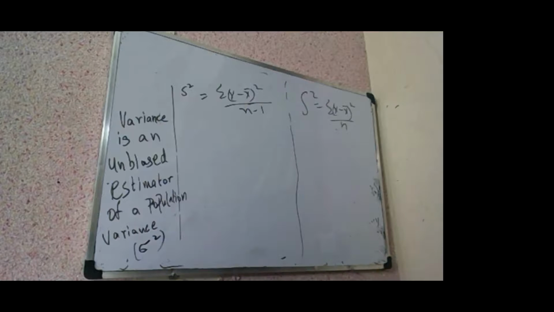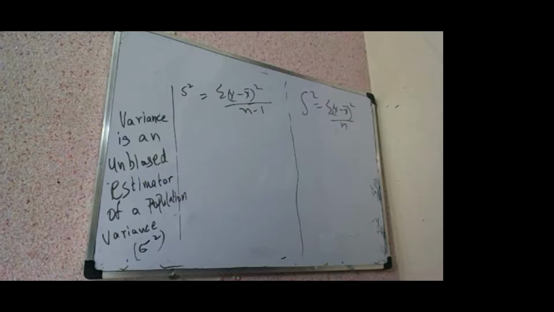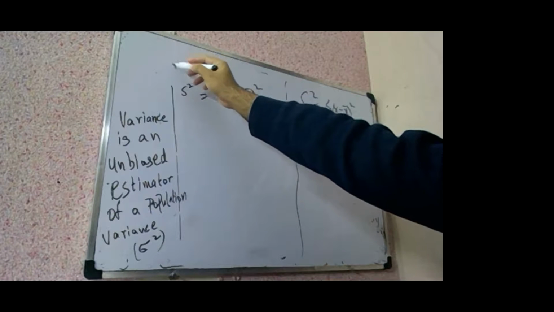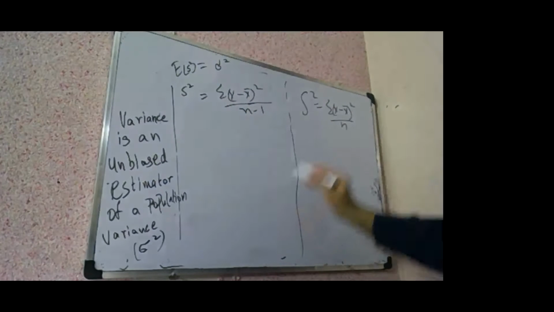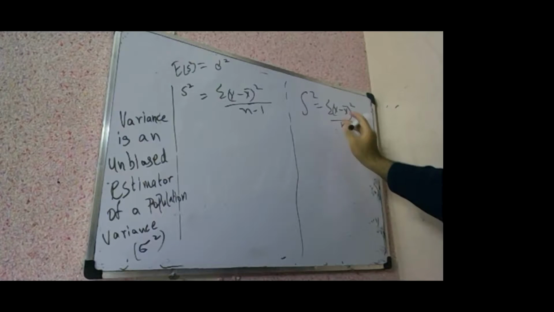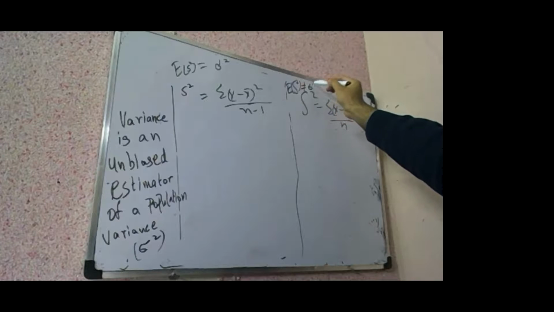Now, which variance? We are talking about the small s square. If we consider big S square, it won't be exactly equal to sigma square. So in other words, I need to prove that the expected value of small s square equals sigma square. On the other side, we will also see that the expected value of big S square is not equal to sigma square.